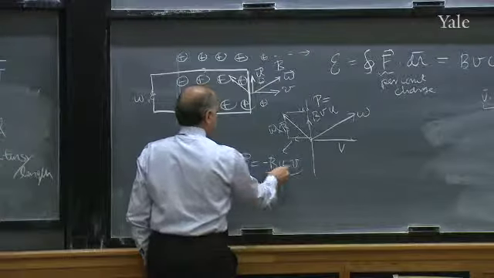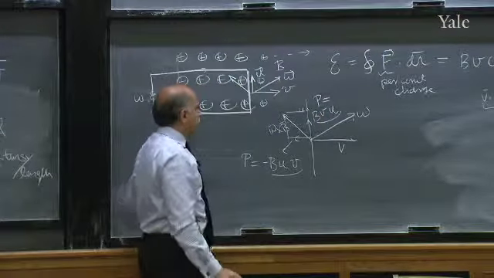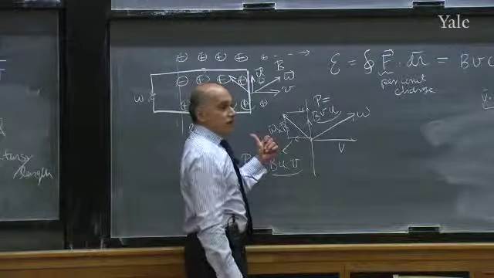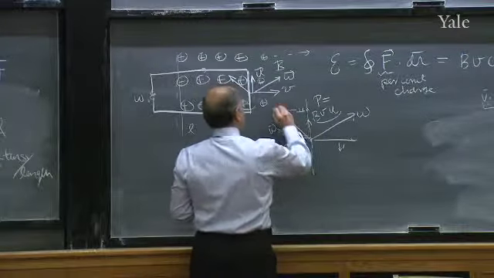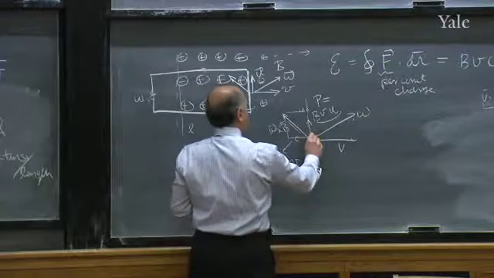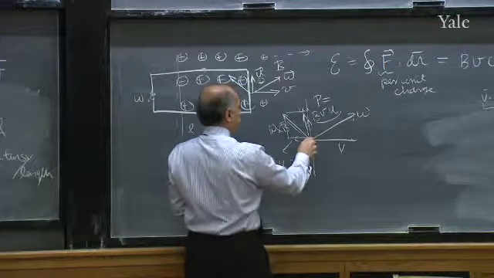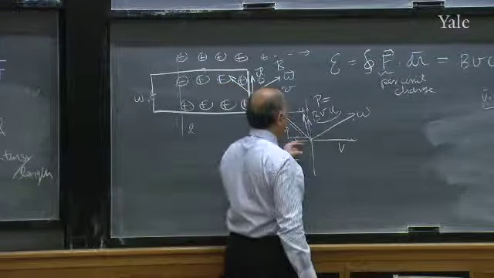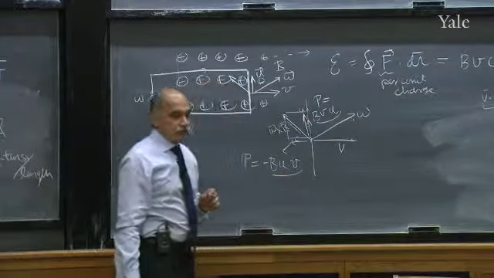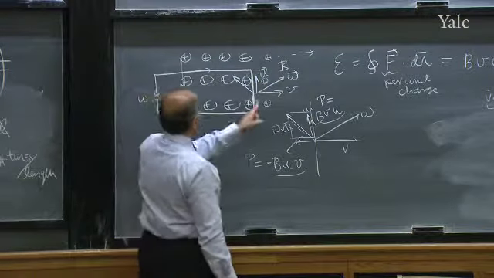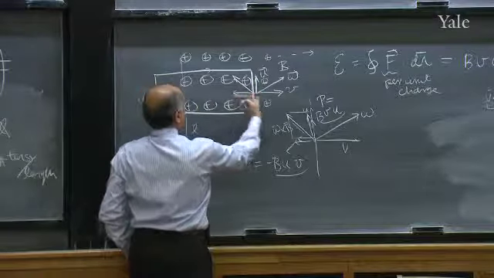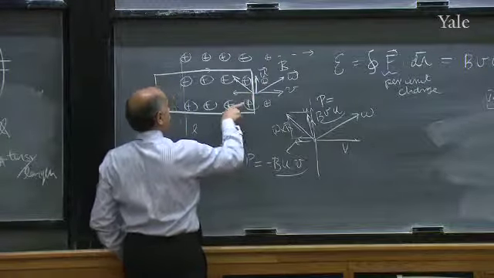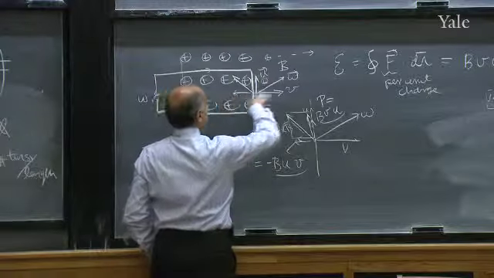So when you're done, both are equal to B times U times V, but this is plus and this is minus. In other words, in the end, it would like to move the charge this way, because that's the force, but it manages to move it along the wire this way. It would like to move it this way, but it's forced to go opposite to it. So in this part the force is doing work, but in this part it has work done on it because we force the electrons to move to the right.